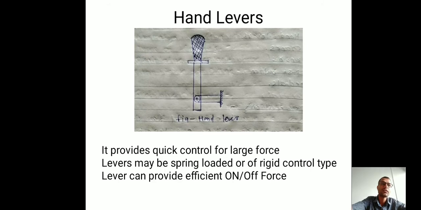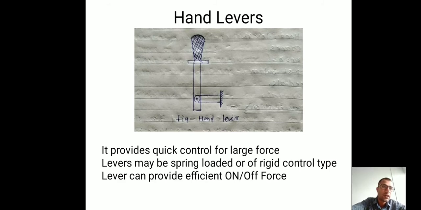Near the driver's seat, so that the driver with his left hand can easily operate this hand lever when there is an emergency. Correct? So while designing this hand lever, as per ergonomic aspects, we have to design such that the length of this hand lever should be proper, correct?